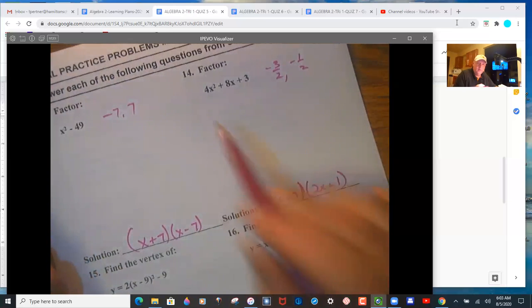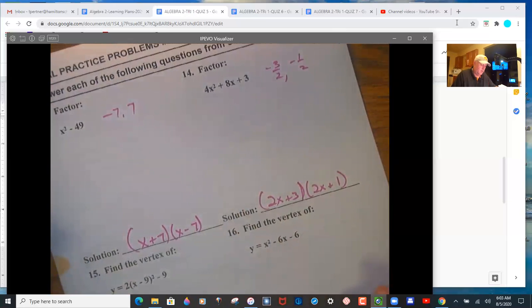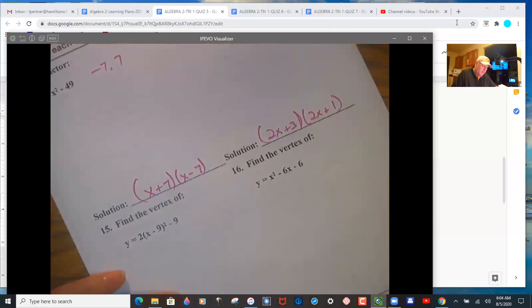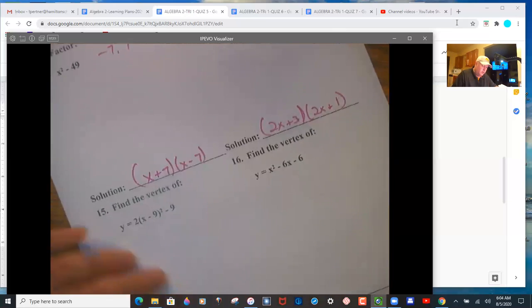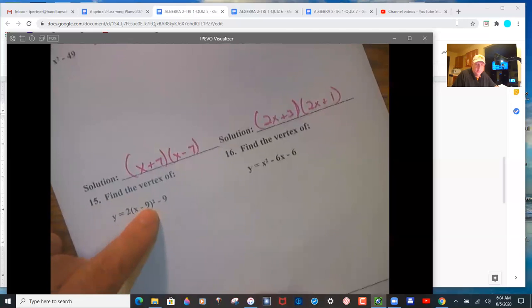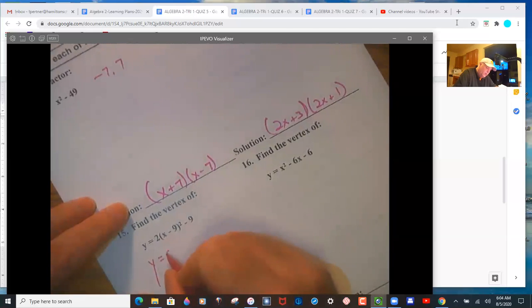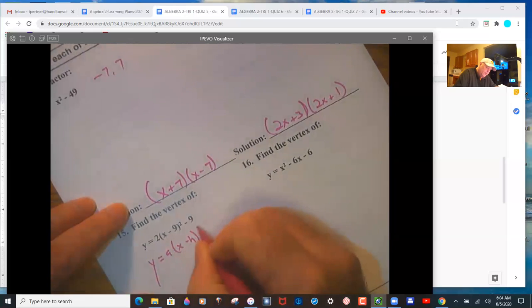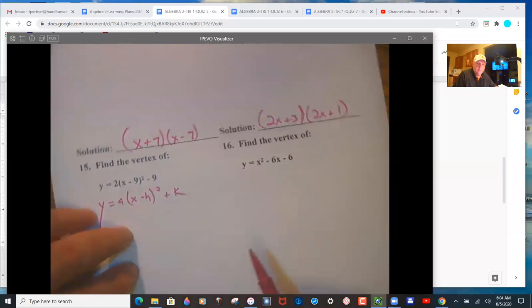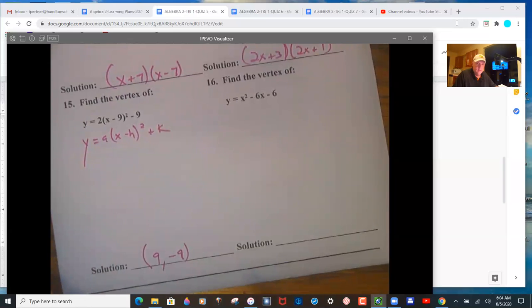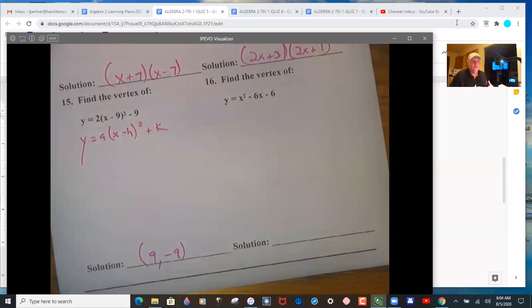And check, 2x times 2x is 4x squared. We're good. No common factor. 9, negative 9. Make sure you go opposite in here because of the way that this is formed. Because it's formed with subtraction, it's opposite, the h is. The plus k on the end means you take exactly that number.